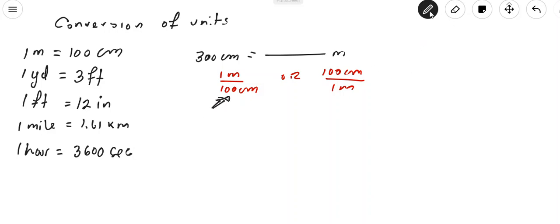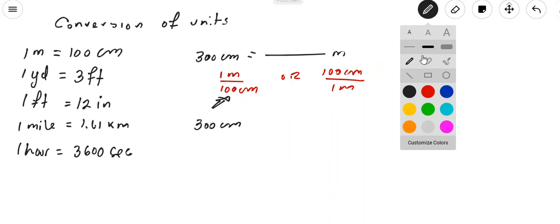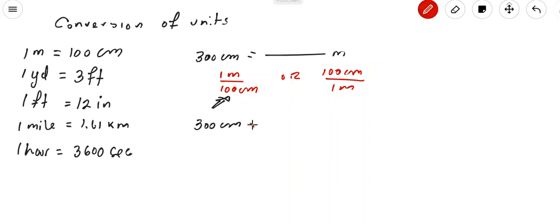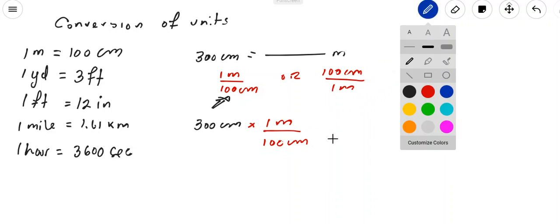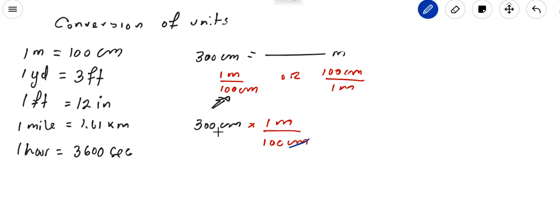So I'm going to say 300 centimeters times 1 meter over 100 centimeters. So I will be now canceling the centimeters out.